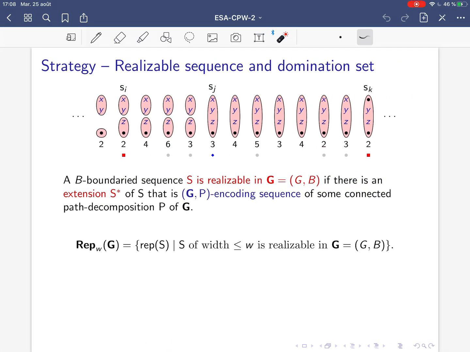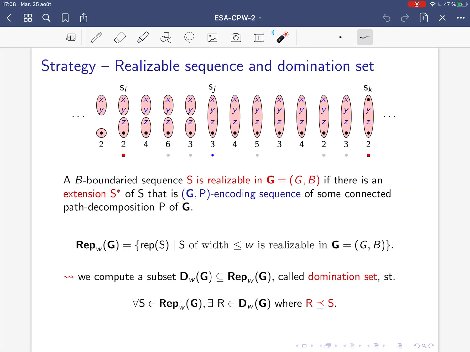And now, the set of representatives of width at most W of G is the set of representatives of B-boundaried sequences of width at most W that are realizable in the B-boundaried graph G. As I told you, the size of this set can be bounded by some function of k, and this is very important for the FPT algorithm.